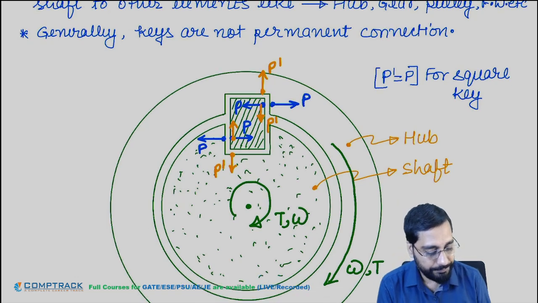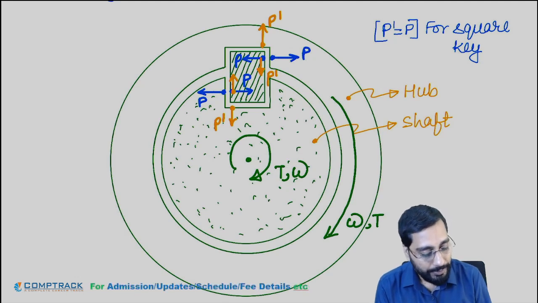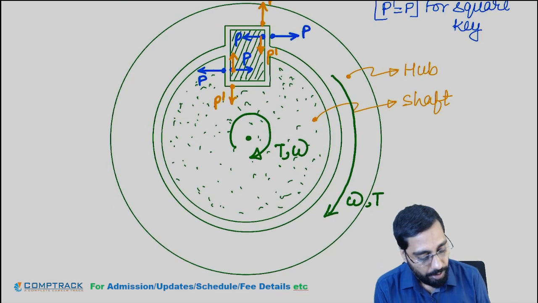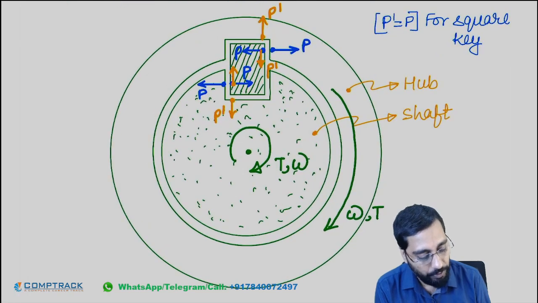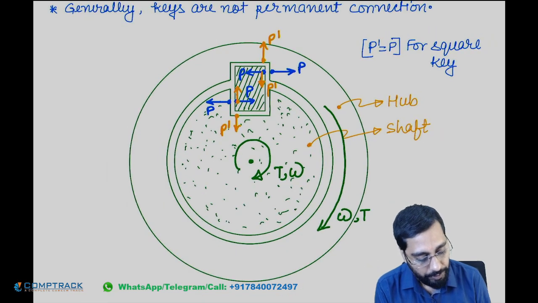Next thing, the exact location of this P and P dash will not be known.